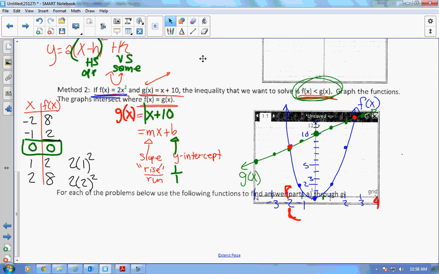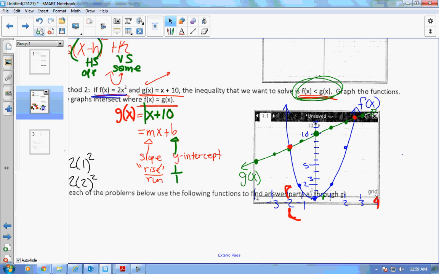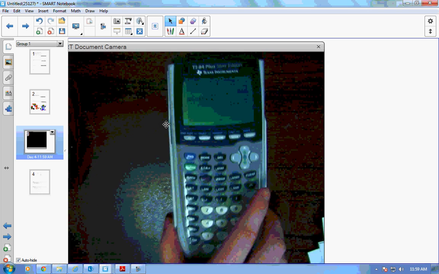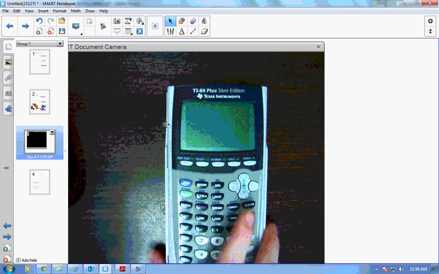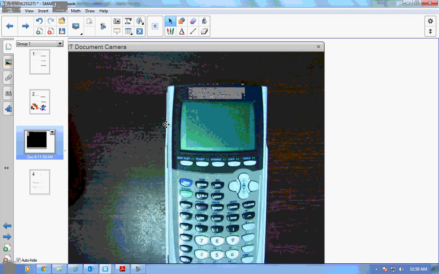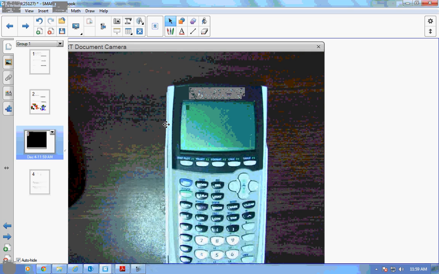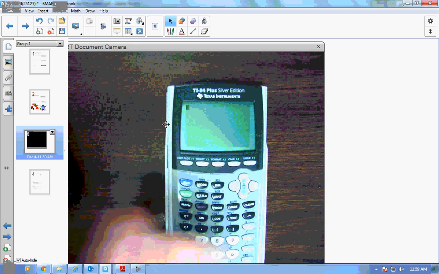So, open up those calculators, please. Go to y equals. We need to see these graphs. How do we graph?